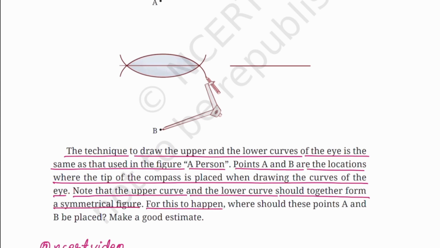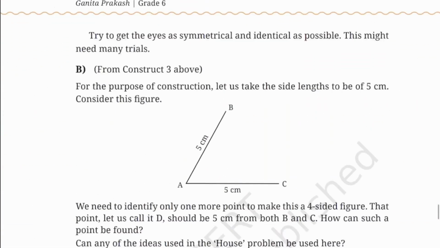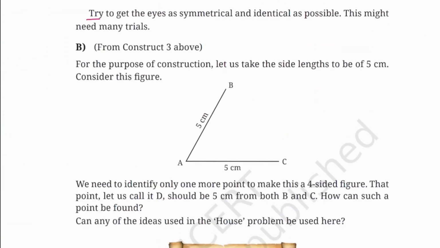For this to happen, where should these points A and B be placed? Make a good estimate. Try to get the eyes as symmetrical and identical as possible. This might need many trials.